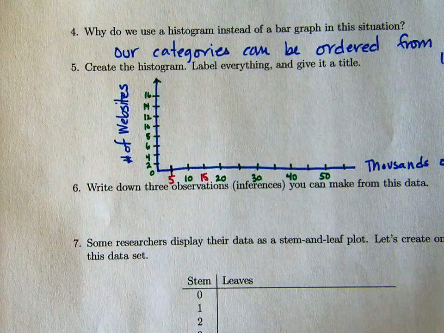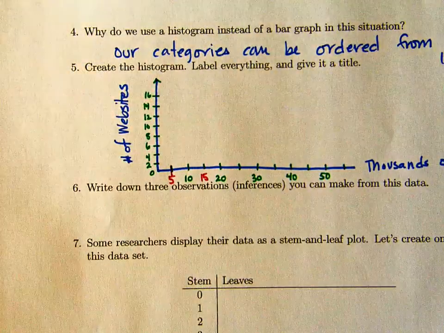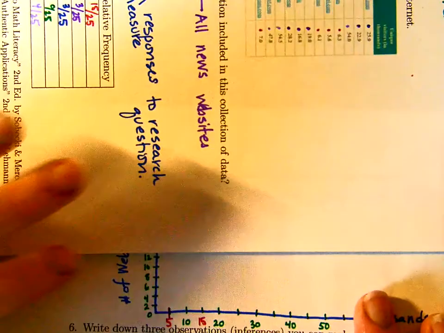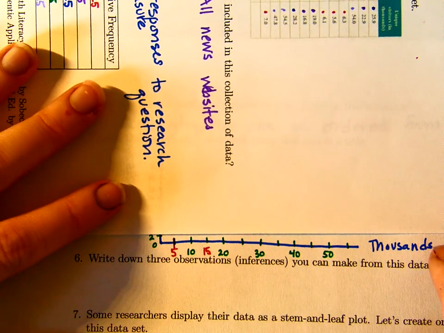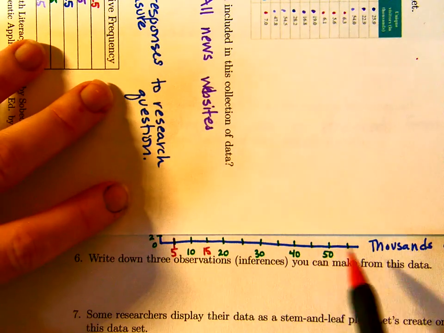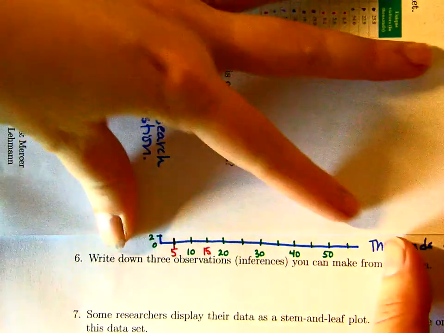I'm going to need to do some horizontal bars here, or lines. Ooh, boy, that's not linear. Okay, sorry.